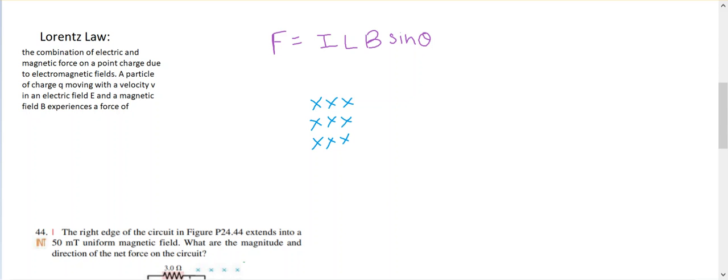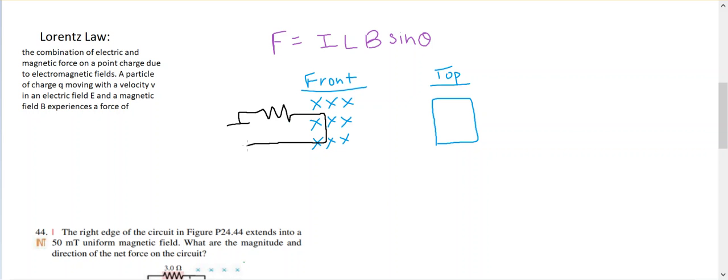However, remember that the B field is an area. So we're seeing the front plane of the B field. If we were to look at the top plane of the B field, we would see this. And if the circuit is coming in like this, we would see, so this might be the resistor, the top part of the circuit coming in, right?